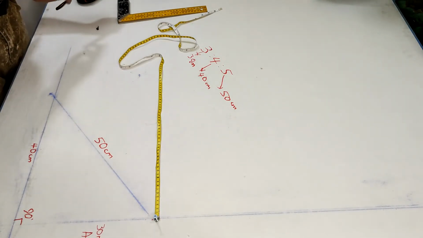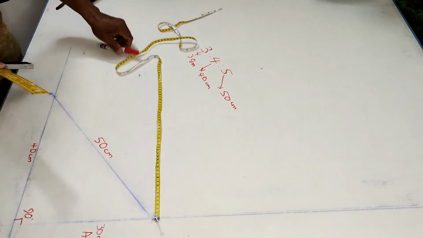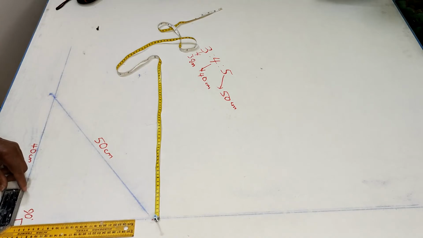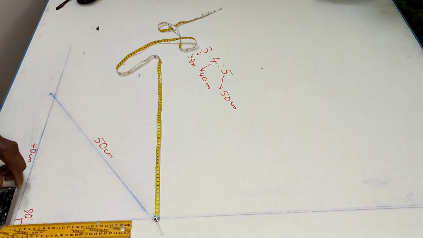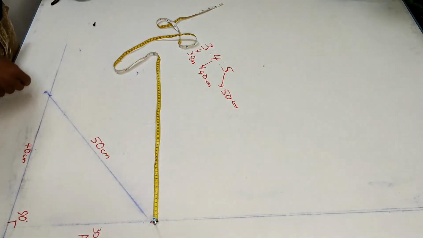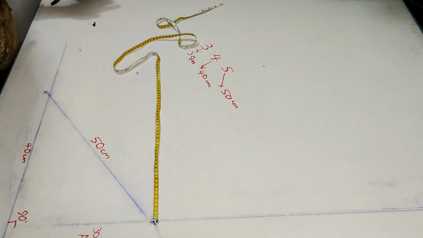So now we need to confirm, let's use our T-square. It's a perfect angle 90. A perfect angle. But we want to use a laser.